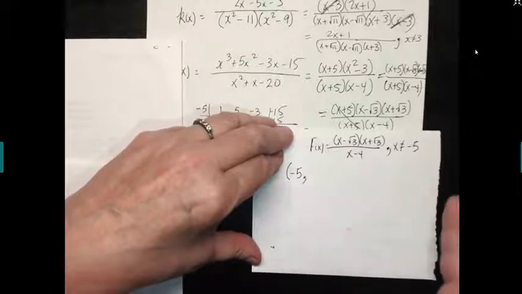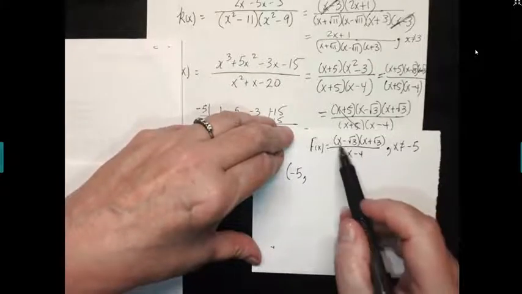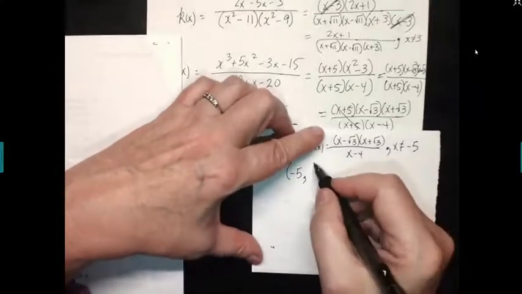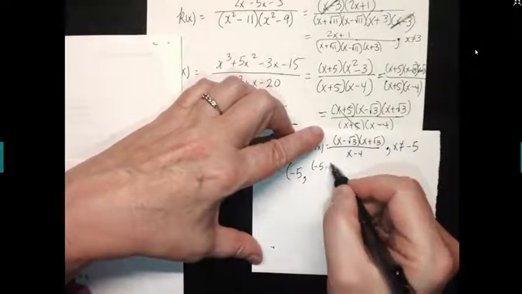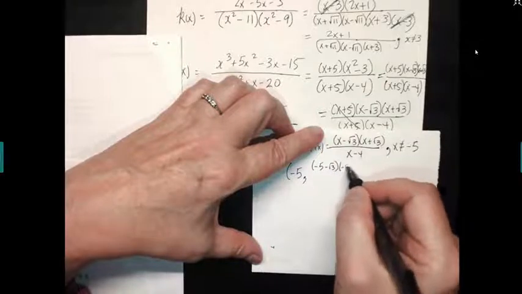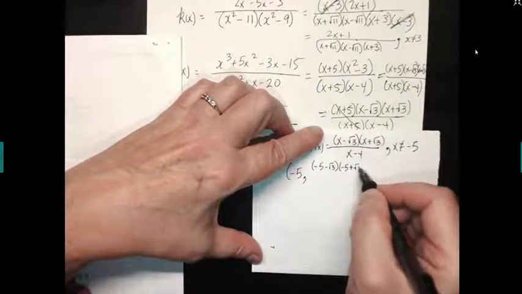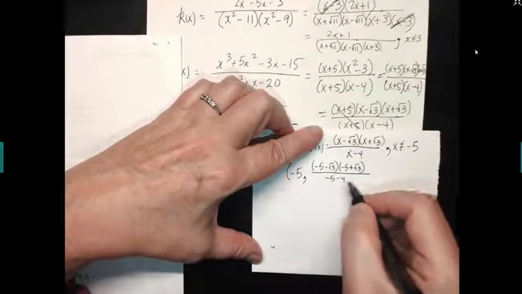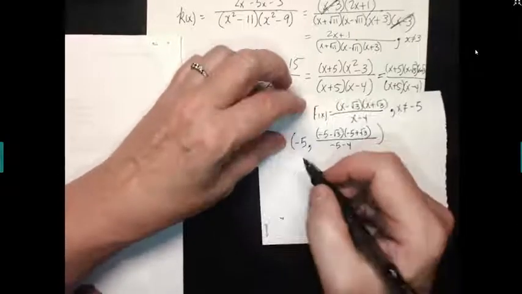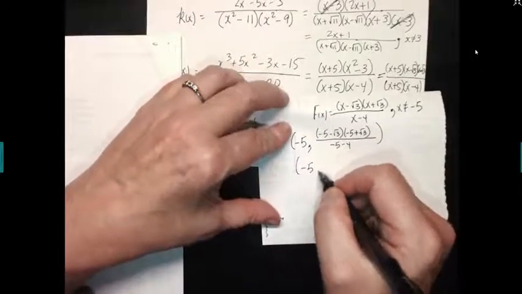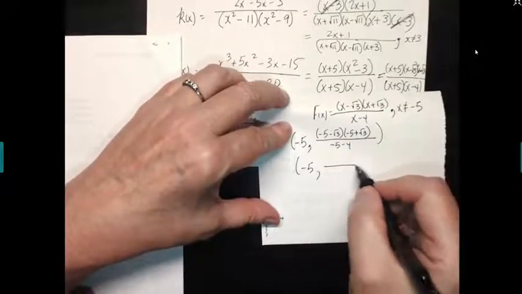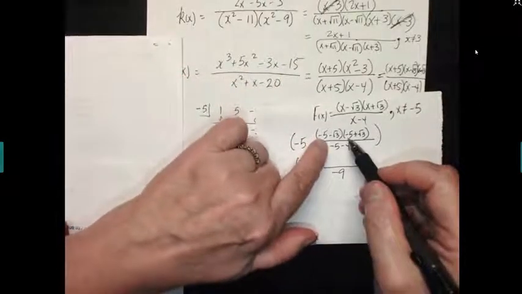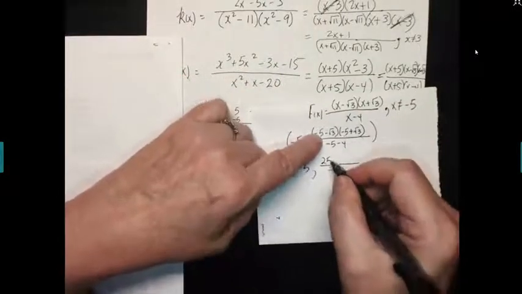What is the y coordinate? Well, you got to plug in negative 5 for x into the reduced form. Okay. In the denominator, I'm going to get negative 9. In the numerator, I'm going to get positive 25 when I FOIL it.